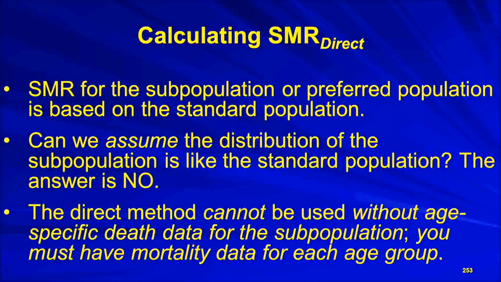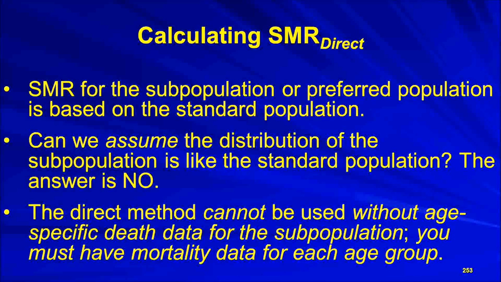So I want to say this again in a different way. The true representation for an age group is the U.S. population. If I examine a particular city, that city may not represent the true distribution of the age-specific death rate for any particular age group.